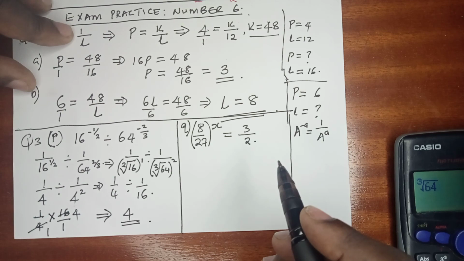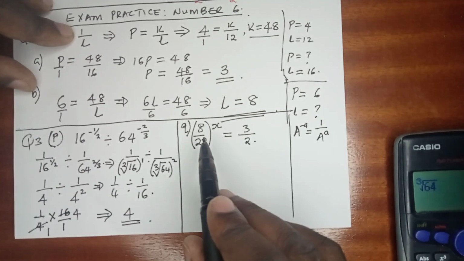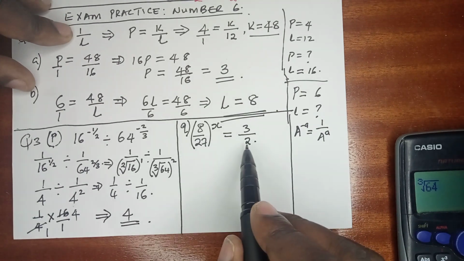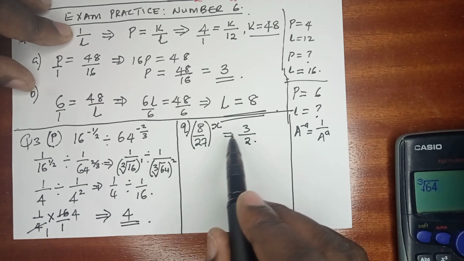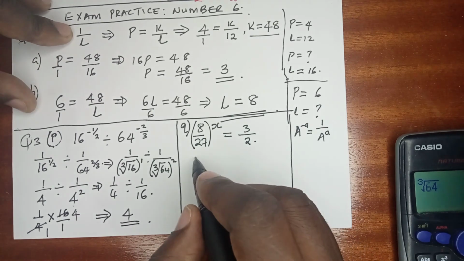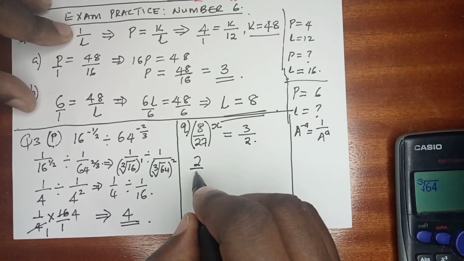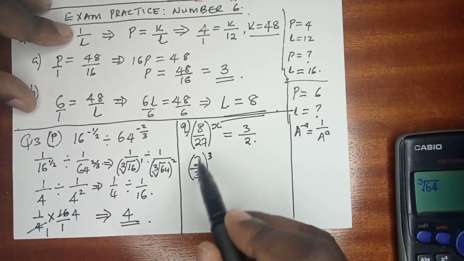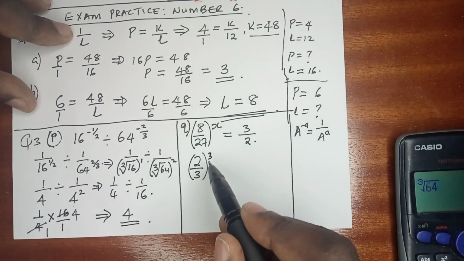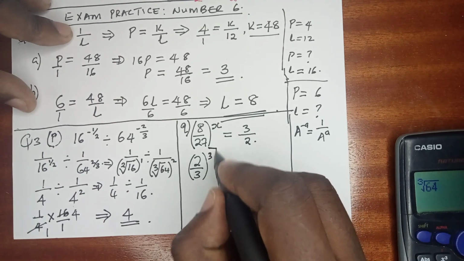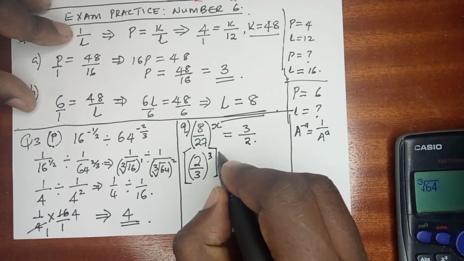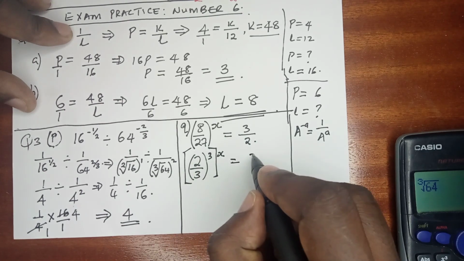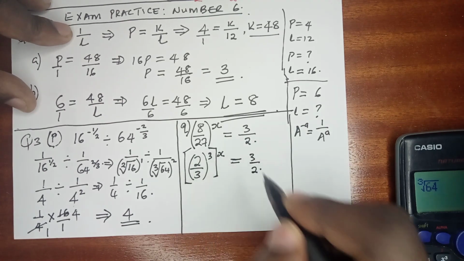So we have to flip. But before we flip, let us write 8 into base 2 and 27 into base 3. So 2 over 3, this is cubed, because 2 cubed is 8 and 3 cubed is 27. The whole of this is now raised to power x, which is equal to 3 over 2.